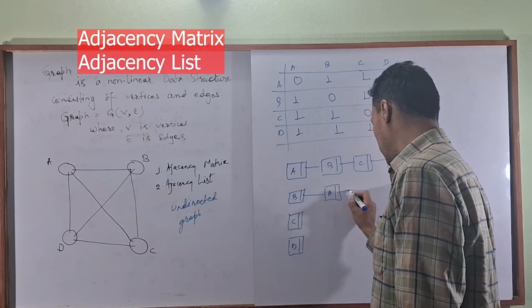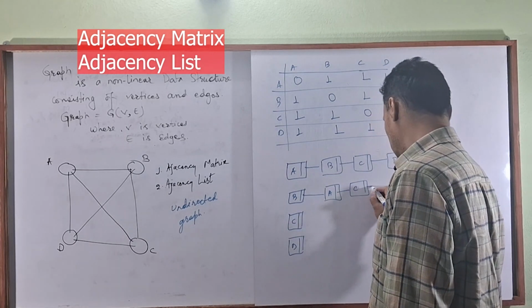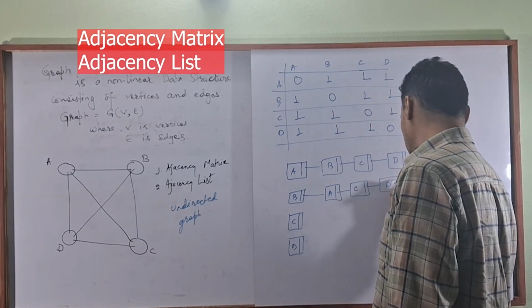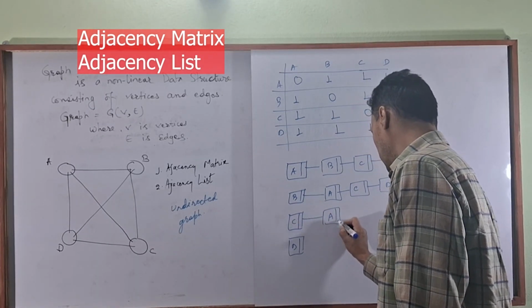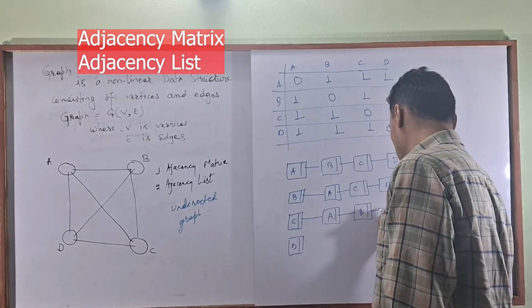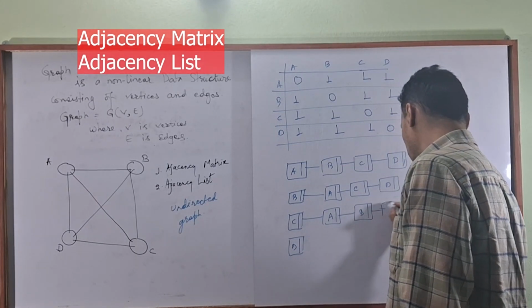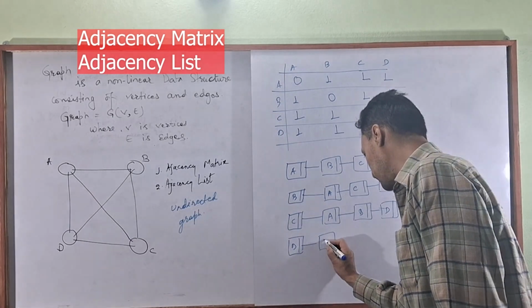Now B is connected with A, B is connected with C, B is connected with D, C is connected with A, C is connected with B, C is also connected with D. So using this list, we can represent the graph also.